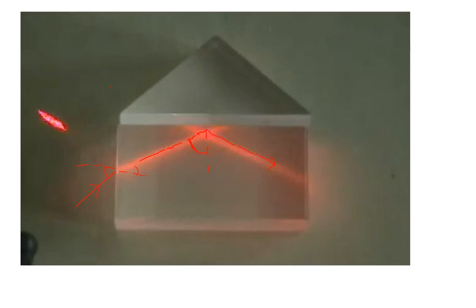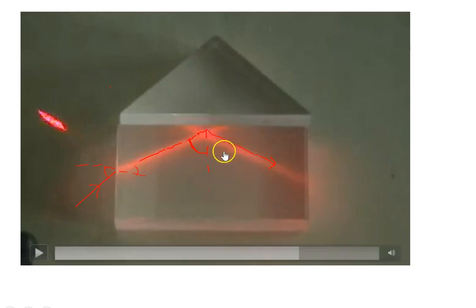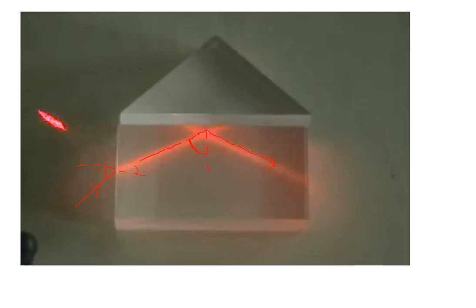That's bigger than the critical angle, so that angle right there is bigger than the critical angle for the plastic-air interface. So all of the laser energy is reflecting back into the rectangular plastic block. That is amazing. So that's TIR occurring, well, I was going to say real time, I guess recorded real time, okay?